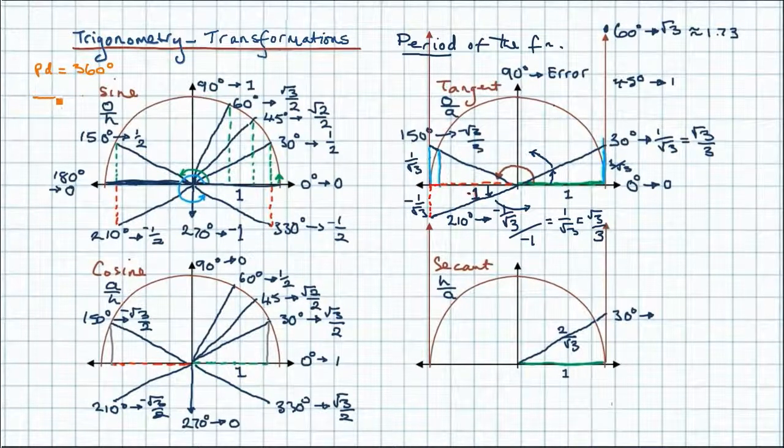So let's just draw that like this. Round we go, keeps going round into the third and fourth quadrant until the cycle begins again.